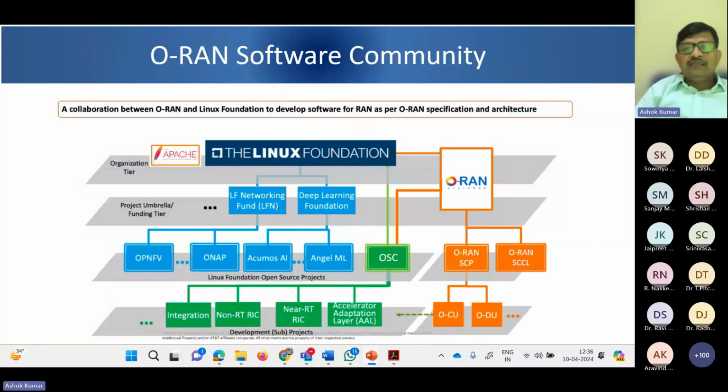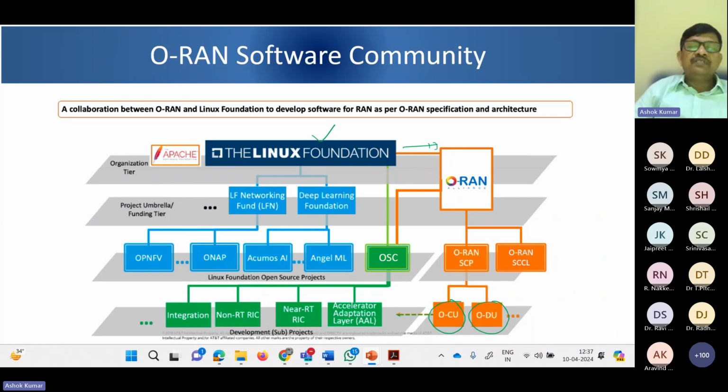So as I talked, they have an ORAN software community where this Linux Foundation is part of that. So ORAN Alliance and Linux Foundation have come together and they have produced certain software like Open Central Unit, Open Distributed Unit, and then they have also come out with certain management and orchestration.